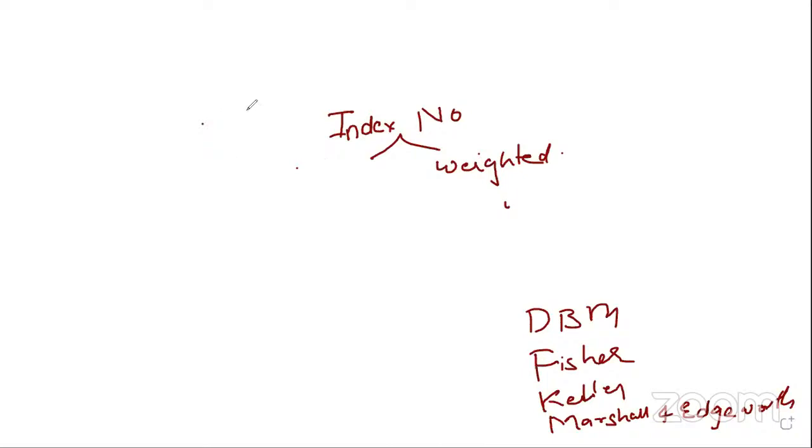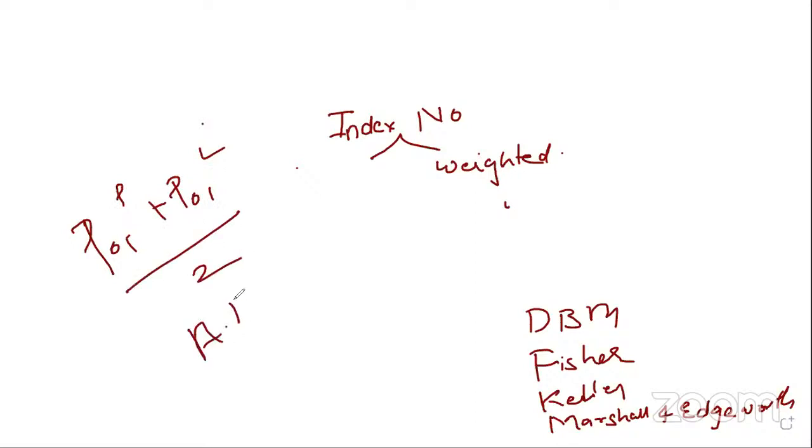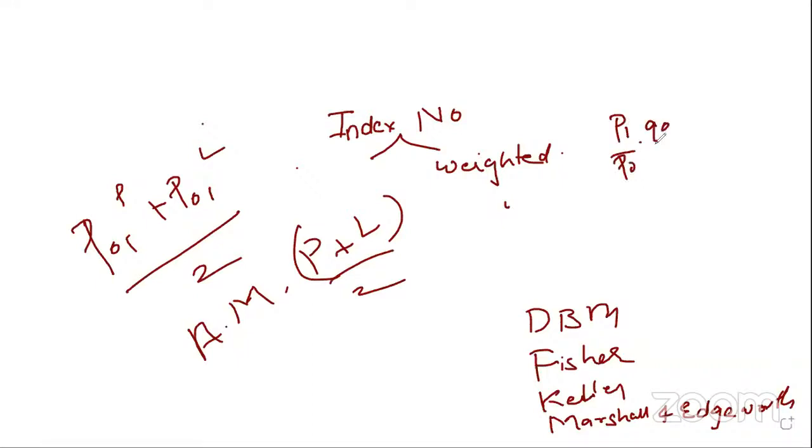Okay. Now next coming is DBM. What is DBM? DBM is nothing but the arithmetic mean of Paasche and Laspeyres index. Understood? So what will be its formula? The formula will be P1 by P0 into Q0 by Q0 plus P1 by P0 into Q1 by Q1, divided by 2.